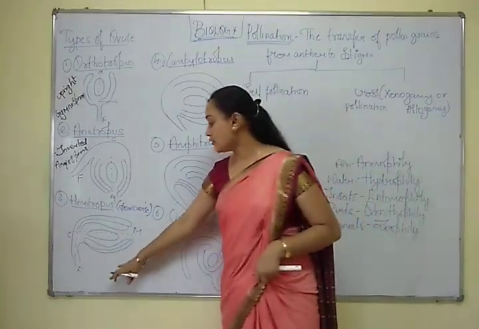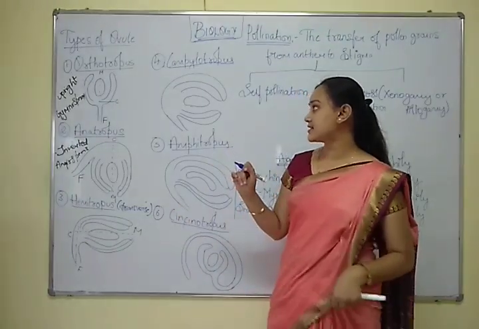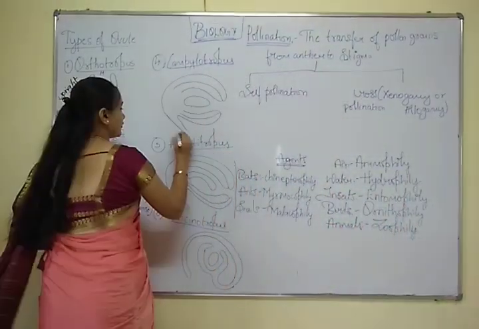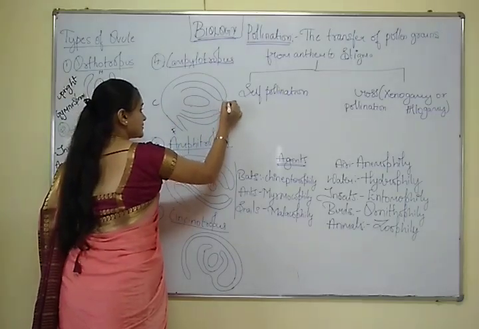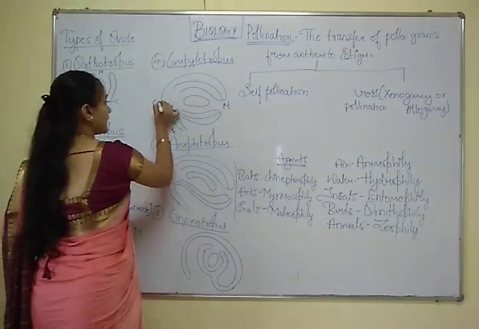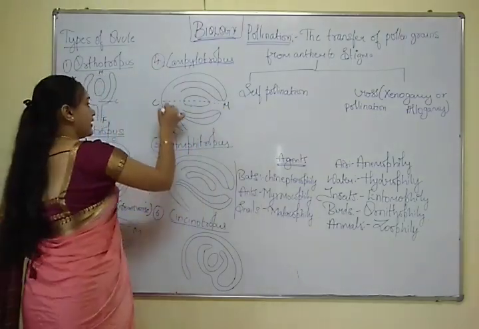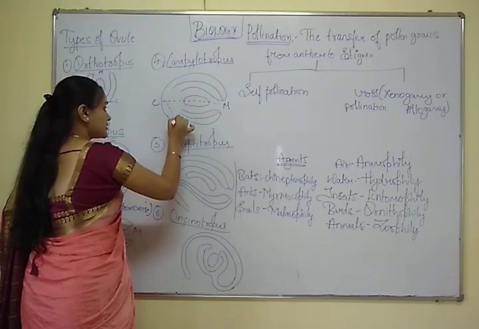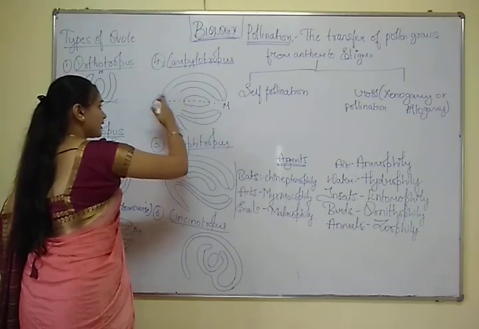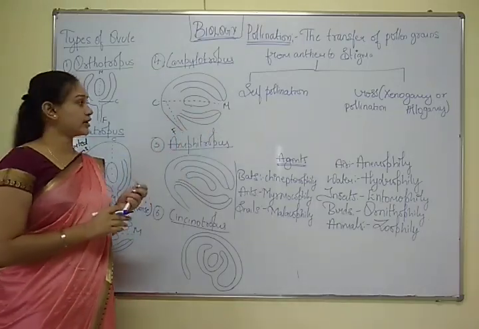ovule, which is almost similar to the hemitropous ovule, but there is a difference. This is the funicle, this is the chalazal, and this is the micropylar end. The micropylar and chalazal end are in a straight line, whereas the chalazal and the funicle end is quite bent towards the integument.